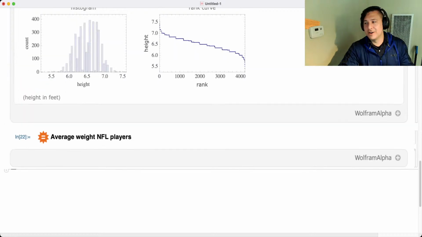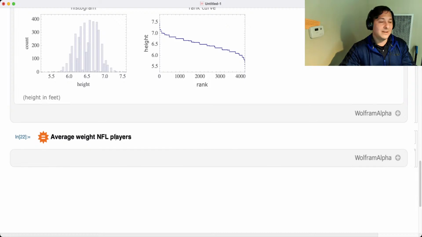Unfortunately, that's not a number. Otherwise, yeah, we would look at stuff like that. We could look at maybe percentage of different races in the NFL versus population. But let's look at weight because we all know that they're going to be huge.